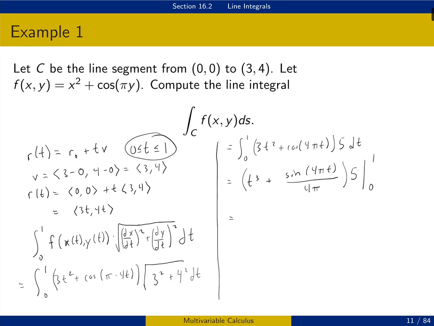When we plug in 1, we're going to get 1 cubed plus sine of 4 pi over 4 pi. When we plug in 0, we're going to get 0 cubed minus sine of 0 over 4 pi. These three terms are all 0. The answer is 1.